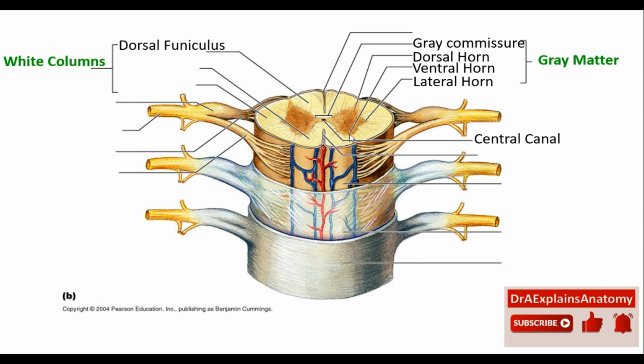This right here is the dorsal funiculus. Identifying the posterior versus anterior aspect of the spinal cord will help you easily identify the dorsal funiculus versus the ventral funiculus. So that is anteriorly, and on the side we have the lateral funiculus.